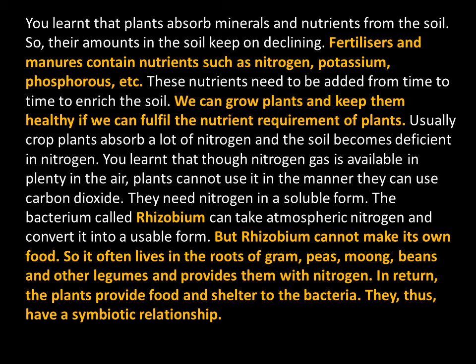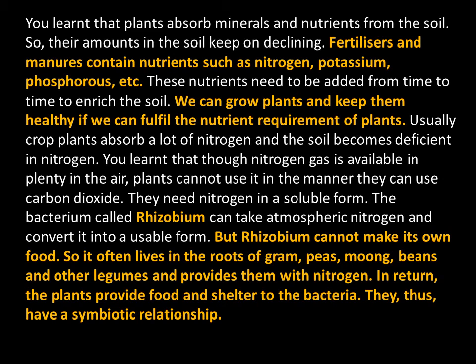What does that fertilizer contain? What is the use of that fertilizer? Fertilizers and manures contain nitrogen, potassium, and phosphorus. To enrich the soil, these nutrients have to be added.